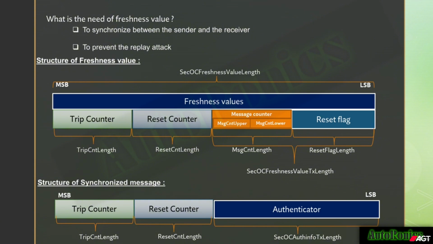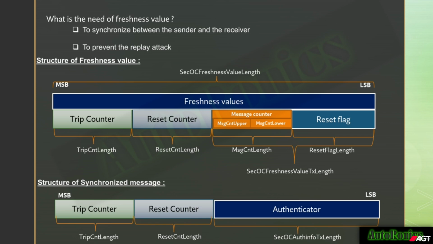Let's see about the reset counter. Reset counter is incremented periodically by the ECU on the reset cycle. This is also a counter which will be sent from the sender ECU as a synchronous message to the receiver ECU. Let's see about message counter. This counter is incremented with every secure message transmission by the sender ECU.